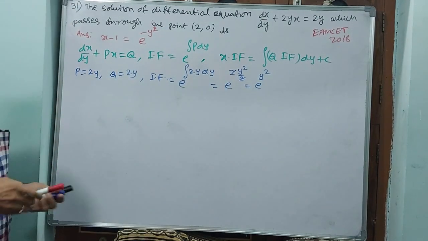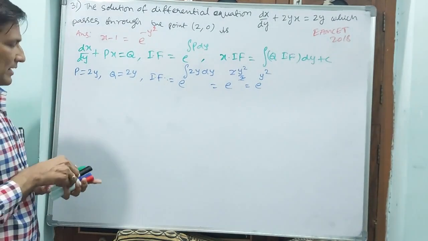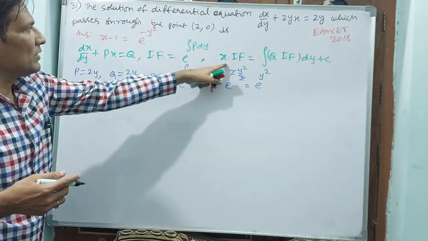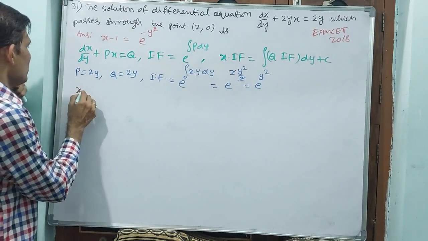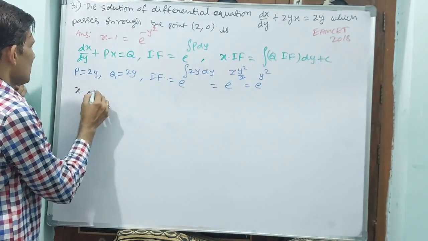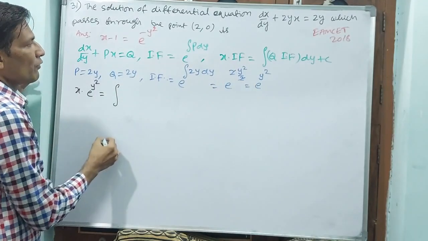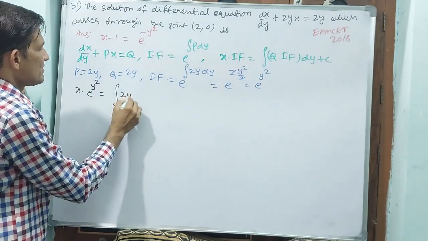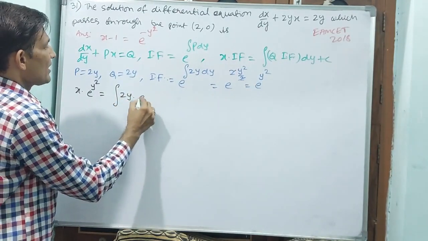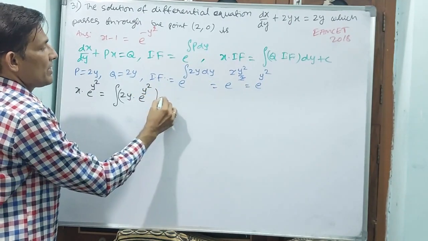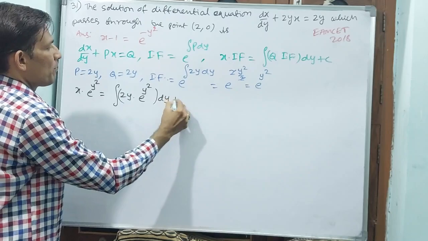Okay. After knowing the integral factor, now x into e power y square is equal to integral of q, how much? 2y into integral factor e power y square into dy plus c.